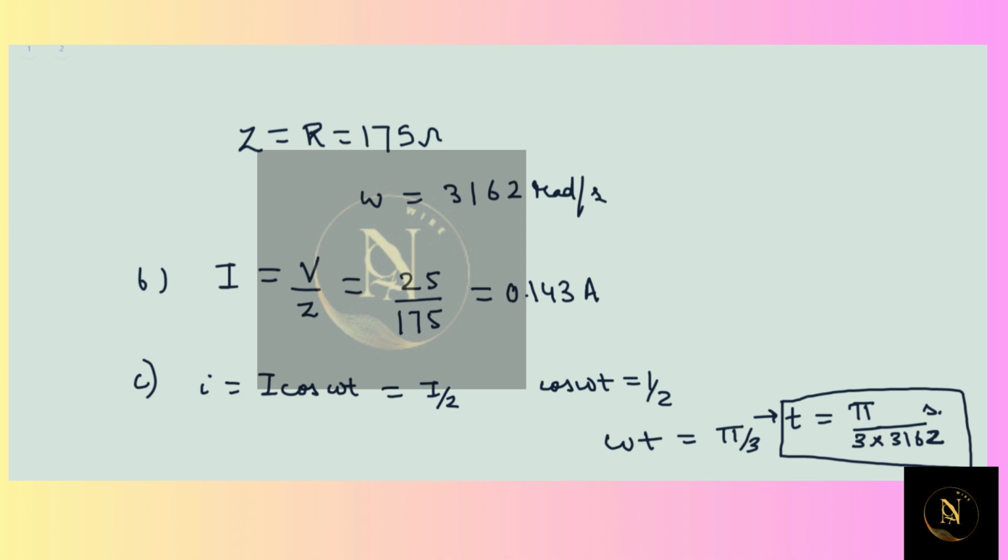All right, so we are done with the first part of C, but we have to find more information. Now v equals V cos omega t plus phi. So we have tan phi, which is equal to XC minus XL over R. This comes out to be 0 because XC is equal to XL.